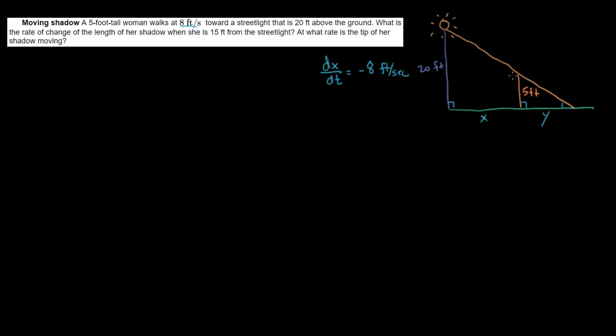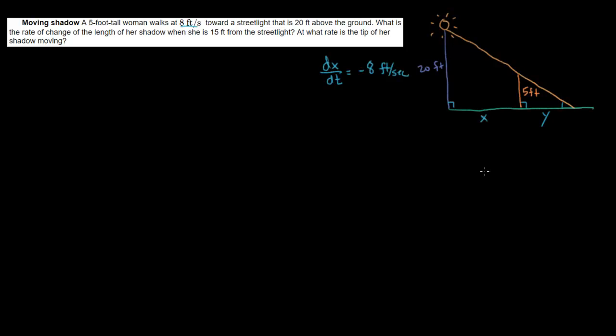Now, one thing that's nice if two triangles are similar is that you can write some nice proportions. And one way you can write proportions is that the length, in this case, I'm going to be specific here, the base of the big triangle over, say, the height of the big triangle will be equal to the base of the small triangle divided by the height of the small triangle.